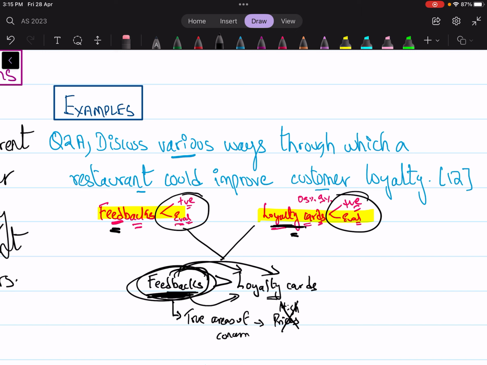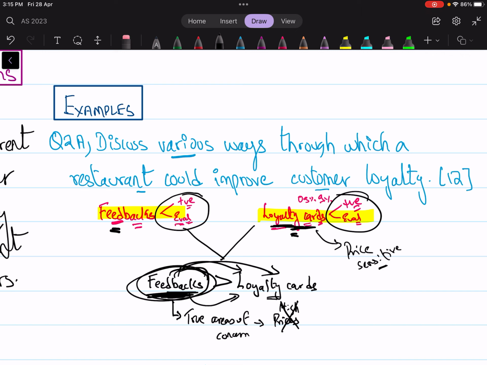Or it may be something related to the choice of meals in a restaurant, or perhaps the restaurant ambience. Whereas loyalty cards would only solve the issue of customers who are price sensitive. But what about the customers who do not mind paying high prices but are interested in other elements of the marketing mix?